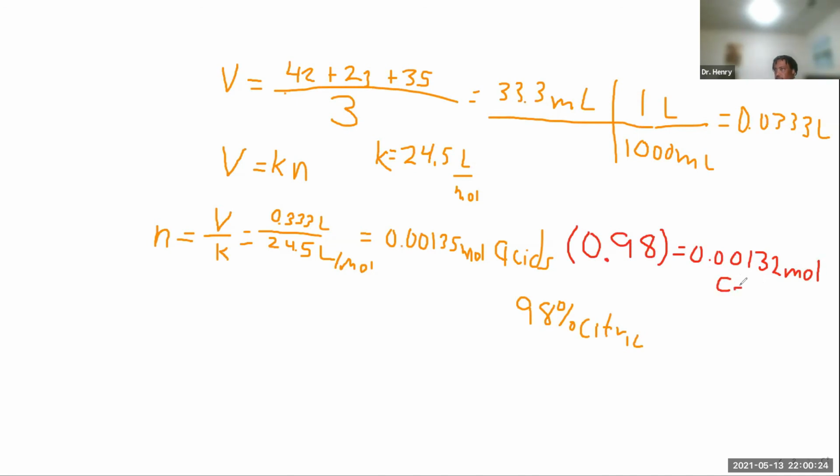That's C7H8O7? Oh, I think 6, I could be wrong. 07. Okay. So now we have our moles of citric acid.